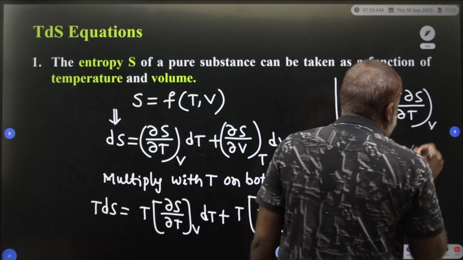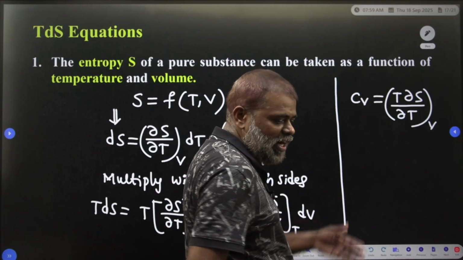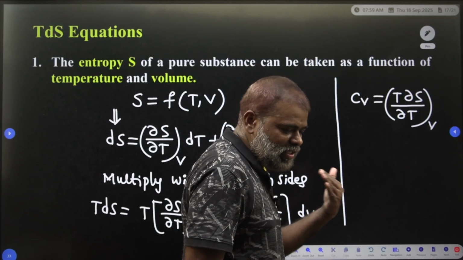This is the Cv value. Cv is equal to T dS divided by dT at constant volume.